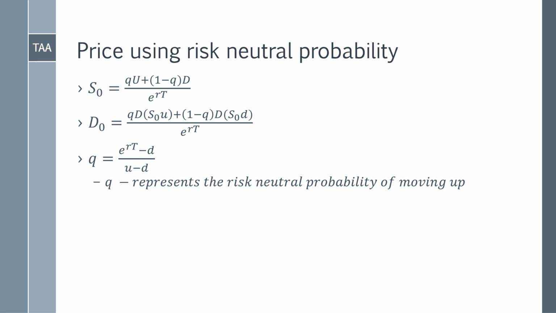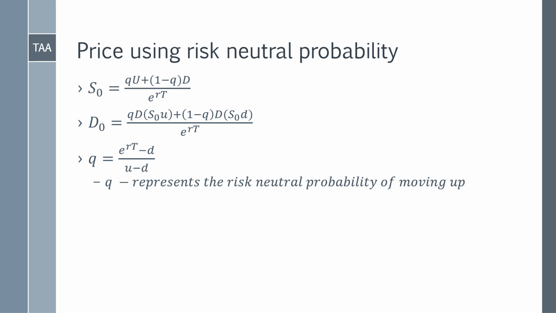In the numerator, we have the risk neutral probability of it moving up multiplied by the price of it moving up, plus the probability of it moving down times the price of it moving down. And when we discount it back using the risk-free rate of return, we get the price of the stock.